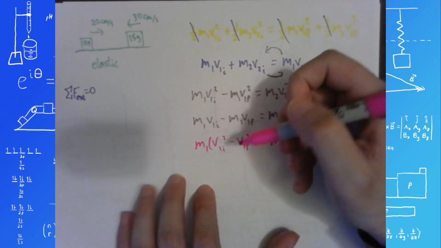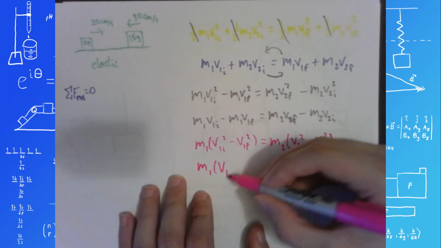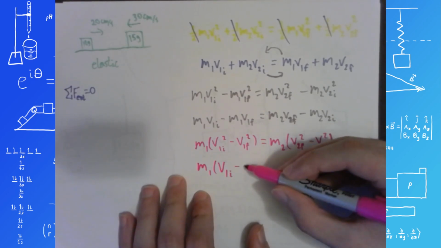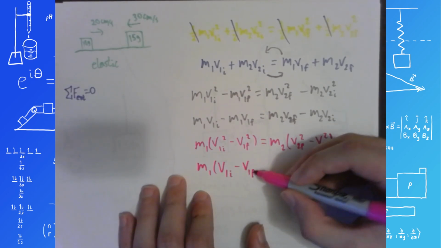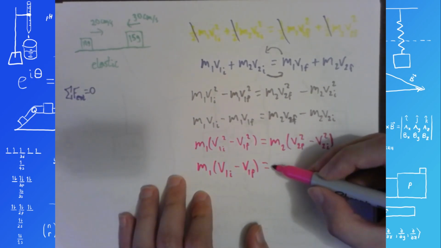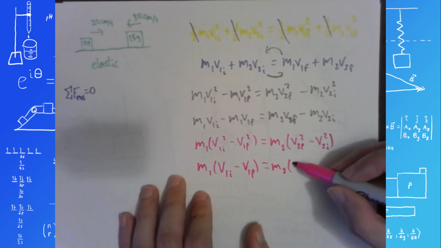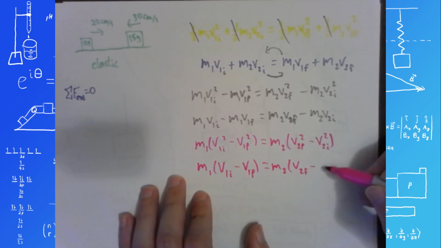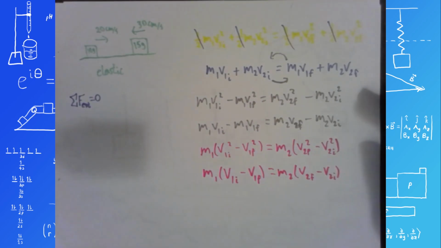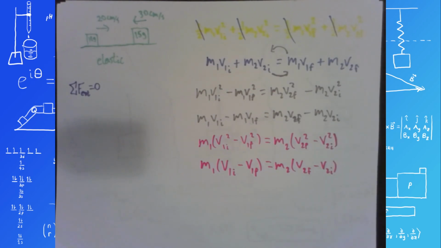And then for the second equation, I get m1 times v1 initial minus v1 final equals, if I factor out the m2, v2 final minus v2 initial on the right-hand side. Okay, so what was the point of doing this?